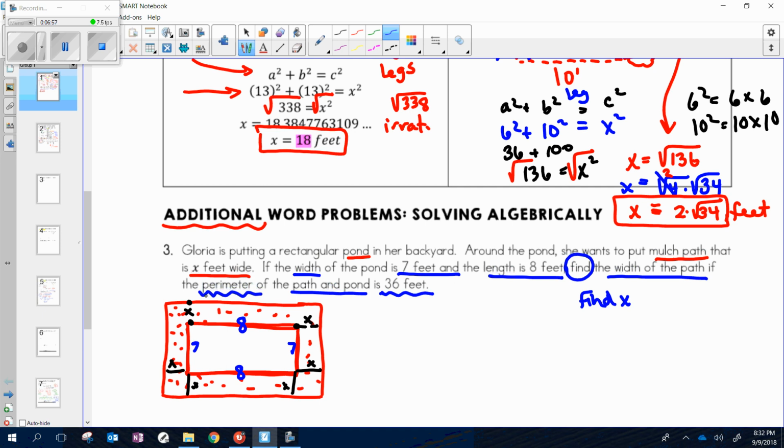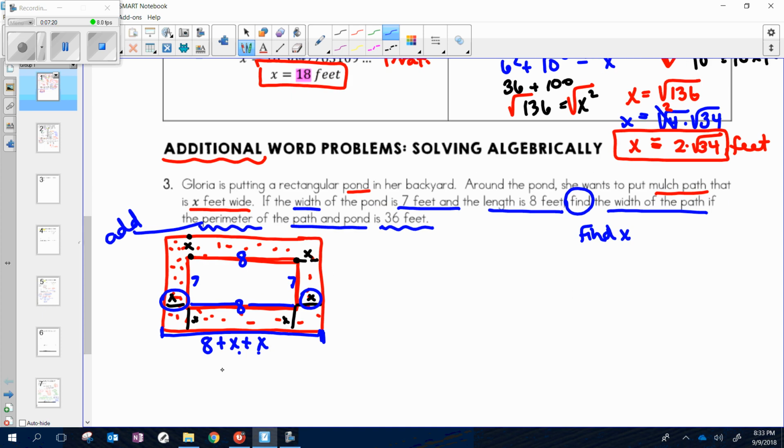Okay, so perimeter means add up all the sides. So here we go. Oh, wait a minute, pathway and pond. So that means I'm going from here to here. This originally was 8, but I have an additional X on both ends. So it's 8 and an X and an X. I could add those together and call that 8 plus 2X.